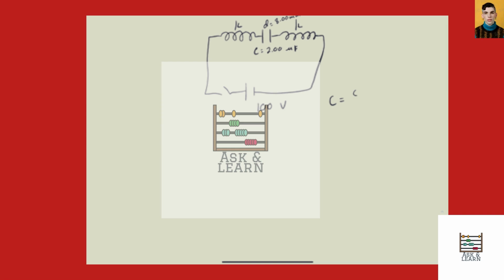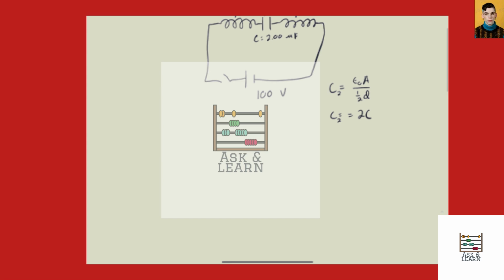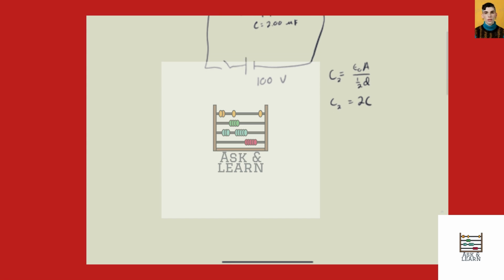So if we take the new capacitance, I'll just say C2, half the separation distance means that the new capacitance is going to be 2C, which is 4 microfarads.